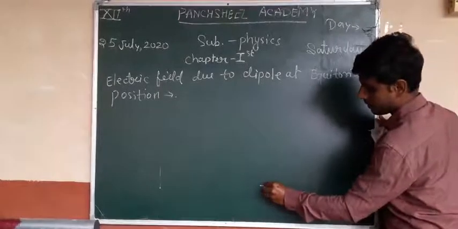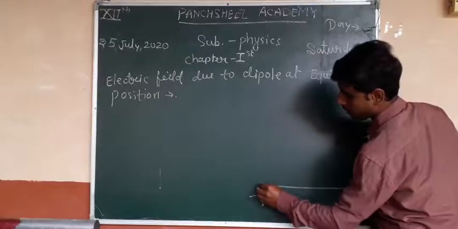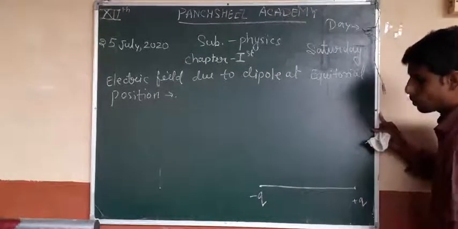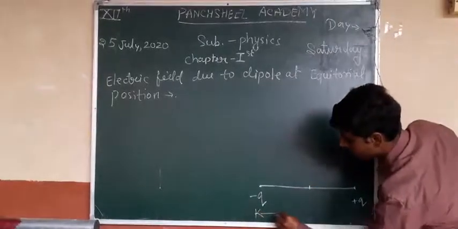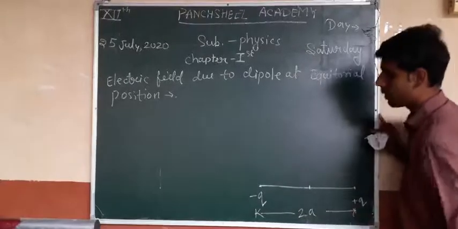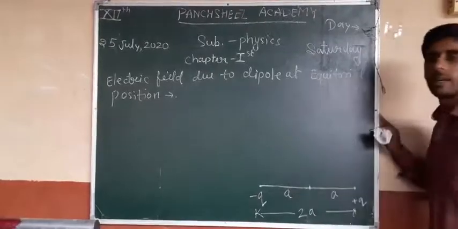Please see here. Suppose this is an electric dipole, minus q to plus q, and the separation between these two charges is 2a, so this is a and this is also a.